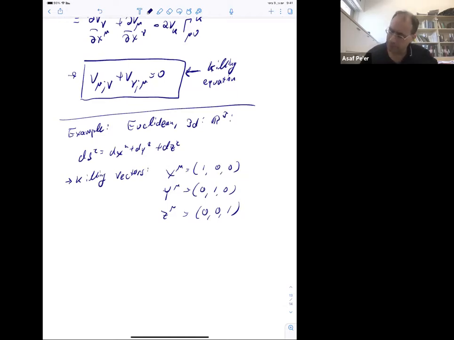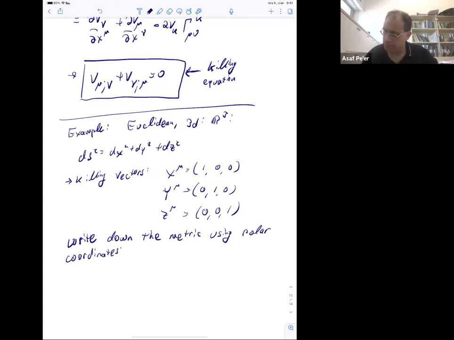So write down the metric using polar coordinates. ds squared is dr squared plus r squared d theta squared plus r squared sine squared theta d phi squared.